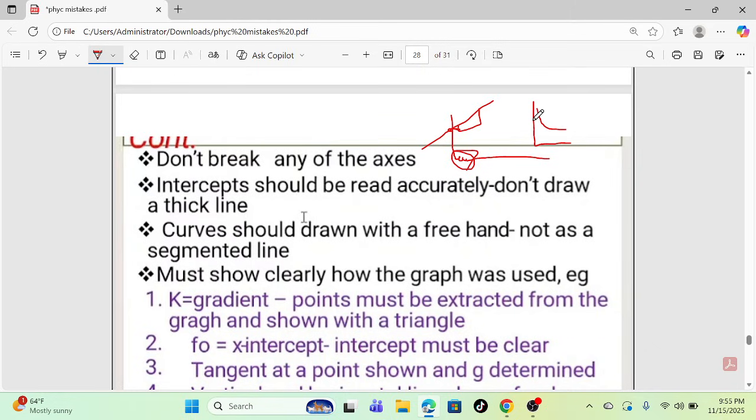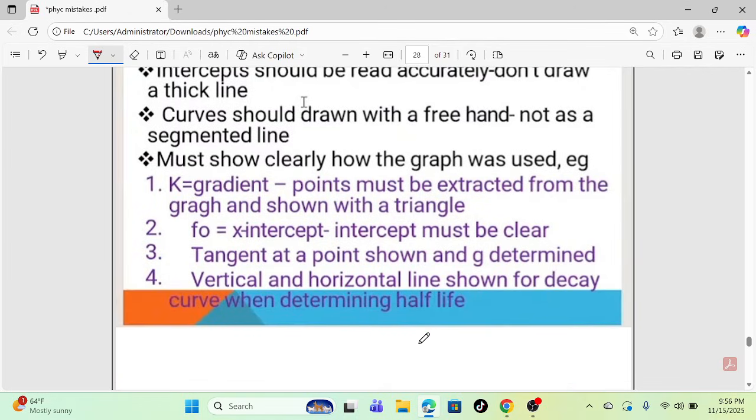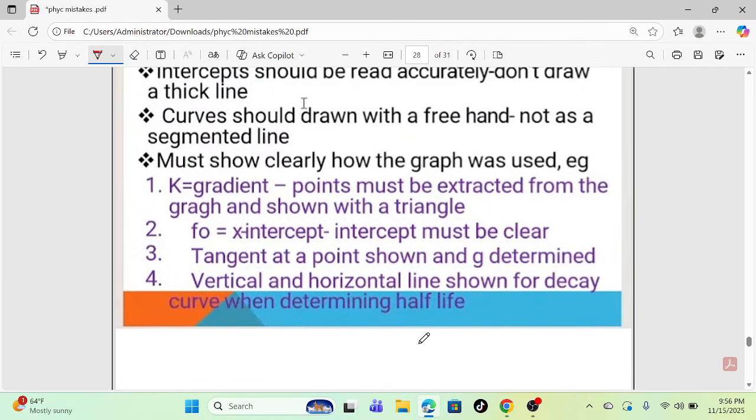First of all, you identify the point, then you draw. So you draw the tangent now, the tangent line. This is your triangle, as you're supposed to use this triangle then. So for x-intercept, intercept must be clear. Tangent at the point shown and gradient determined.